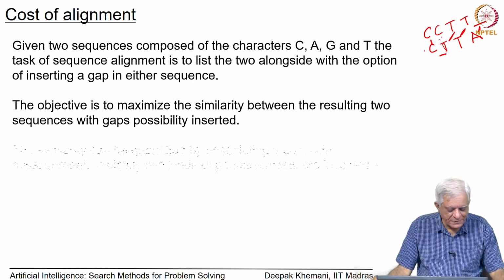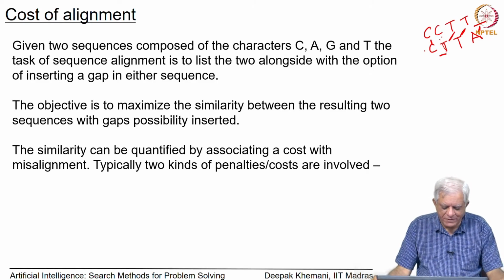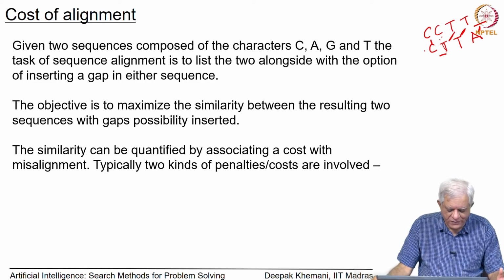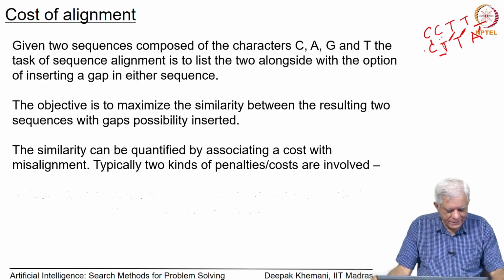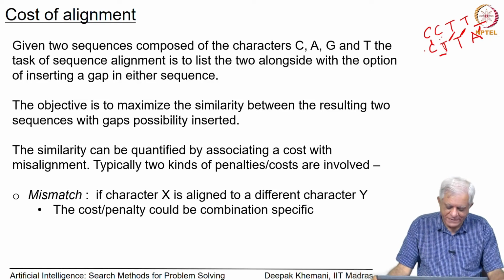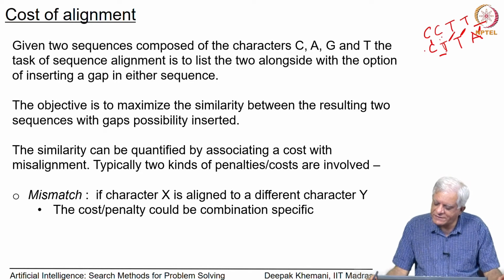The similarity can be quantified by associating a cost with misalignment, and typically there are two kinds of costs. One is a cost of mismatch. So, if a character X is aligned to a different character Y, then we associate a certain cost with that.